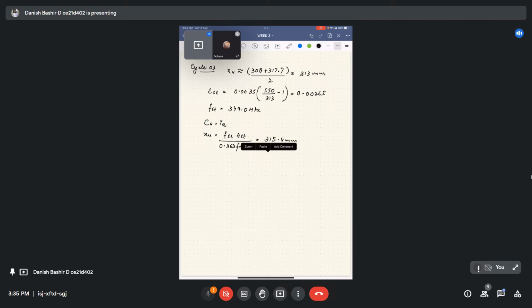So the neutral axis depth we got is 315.4 mm and the assumed was 313. These are very close to each other, so we reach the closure of these iteration cycles as our solution converged, XU at 315.4 mm.